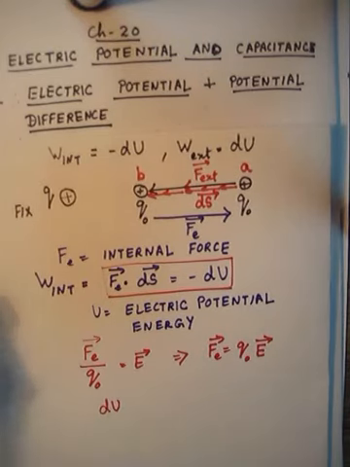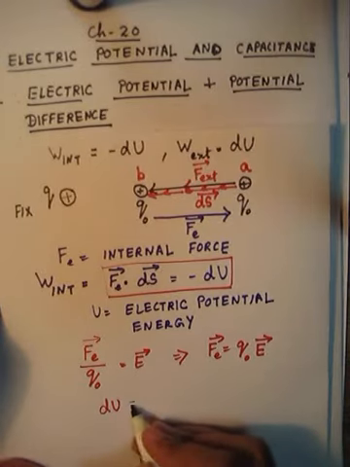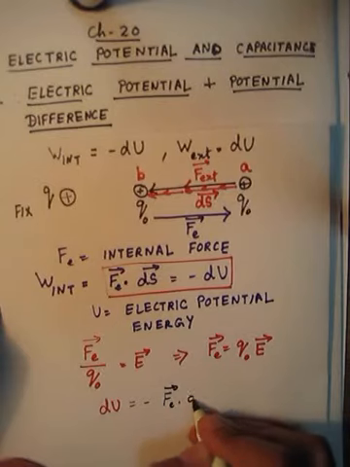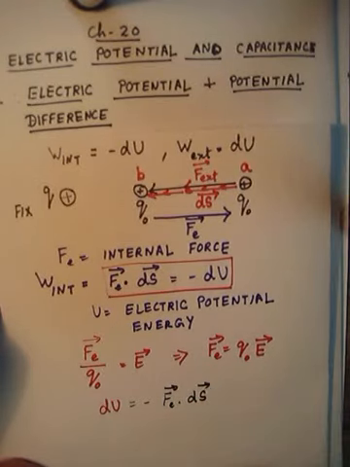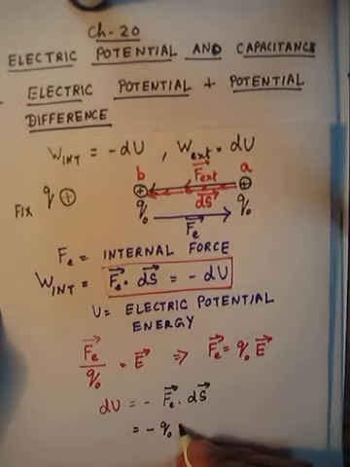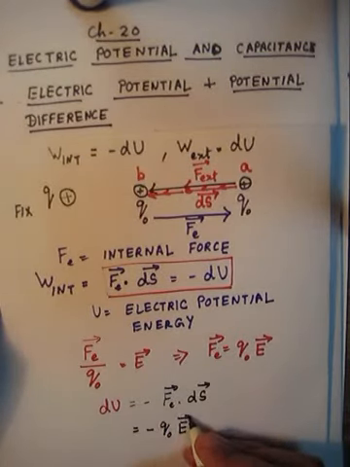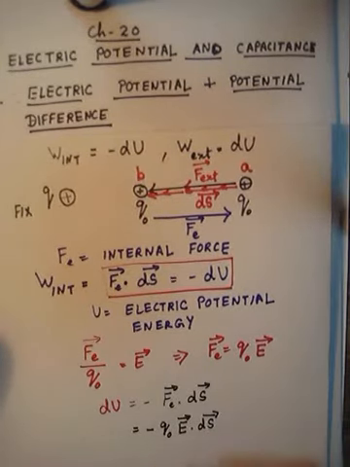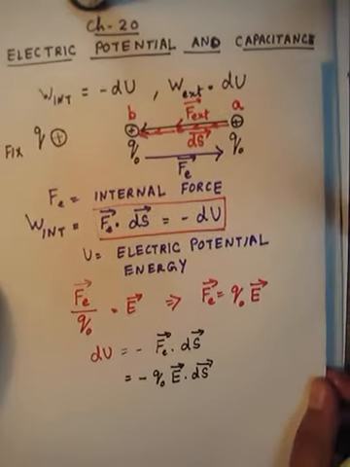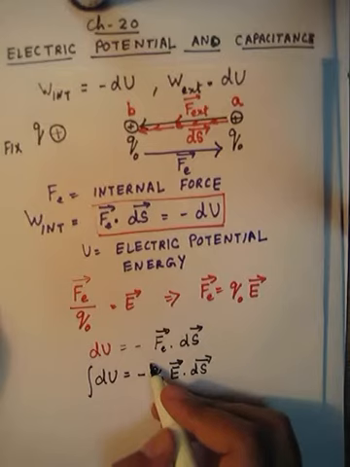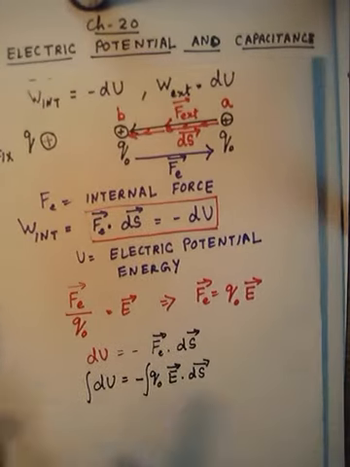So dU will be equal to minus Fe vector dot ds vector, or we can also say it is minus q naught E vector dot ds vector. Then in order to solve it, we need to take an integral of both the sides.